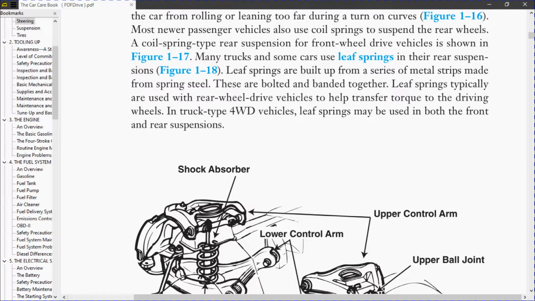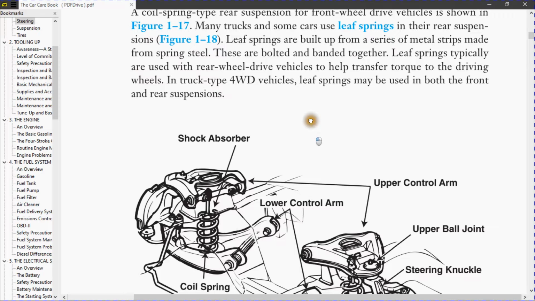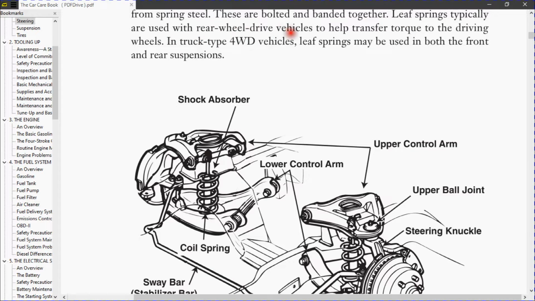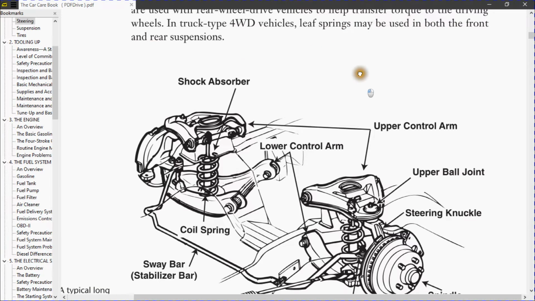Leaf springs are built up from a series of metal strips made from spring steel, bolted and bound together. Leaf springs typically are used with rear wheel drive vehicles to help transfer torque to the driven wheels. In truck type 4WD vehicles, leaf springs may be used in both the front and rear suspension.